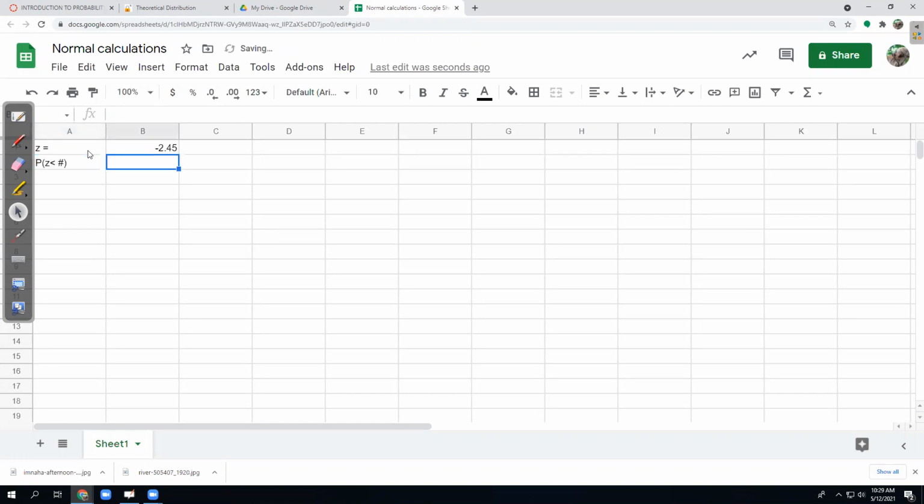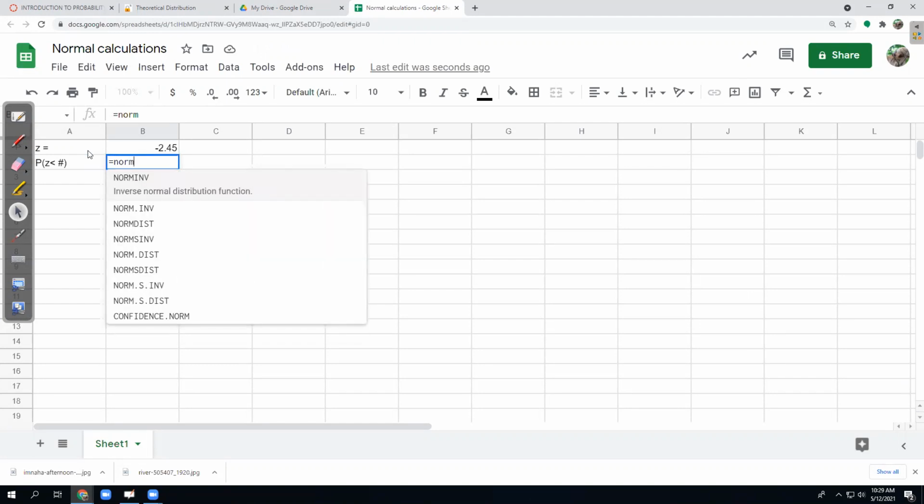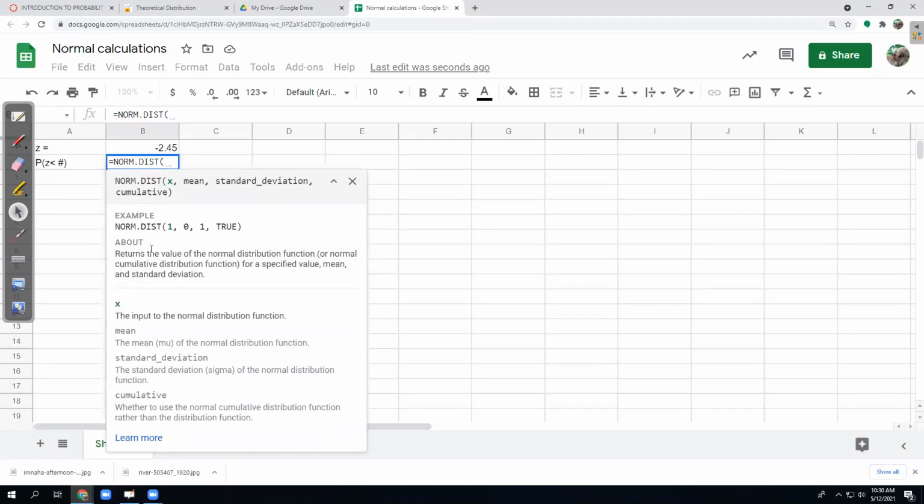It's a good thing that this is a left tail, because that's what a spreadsheet does really well. So equals, I start typing normal and it gives me tons of normal options. I want the NORM.DIST. I'll write this down in the notes. The NORM.DIST wants an x value, which could be a z-score, mean, standard deviation, and then we always want to put true.